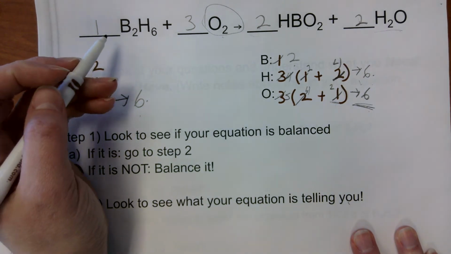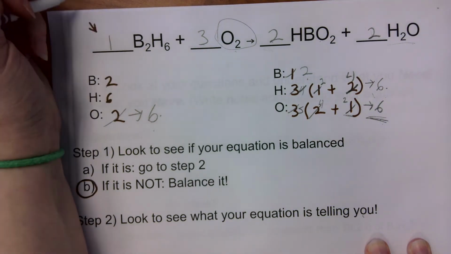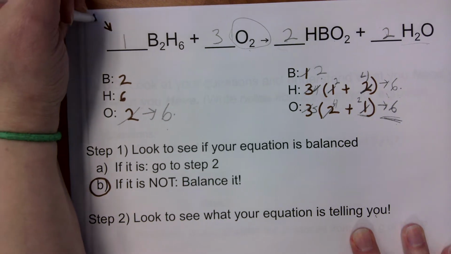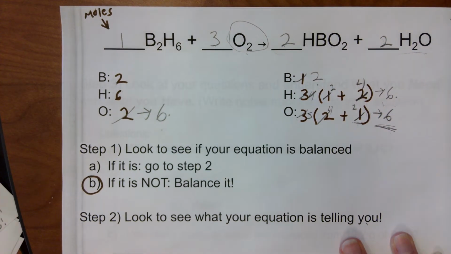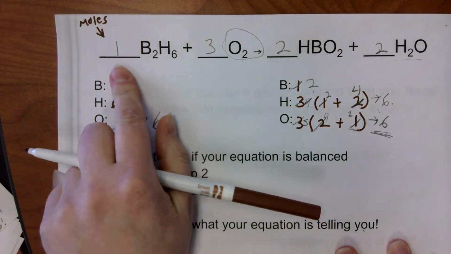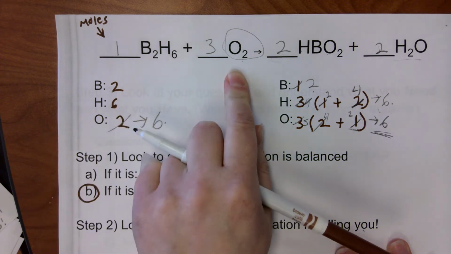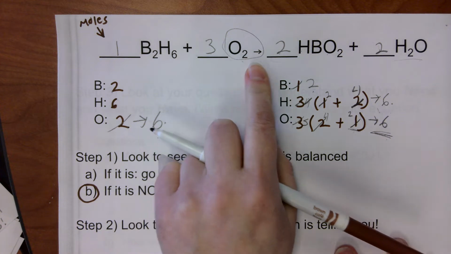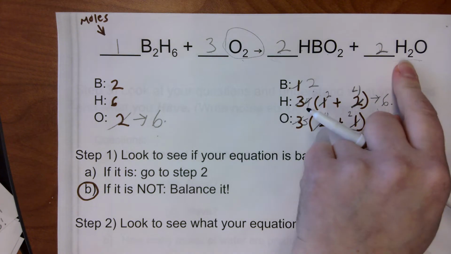Yet another thing that you know is that these numbers can also equal the number of moles that you need. So in this reaction we need 1 mole of this and 3 moles of this, and once they react together, we get 2 moles of this and 2 moles of that.